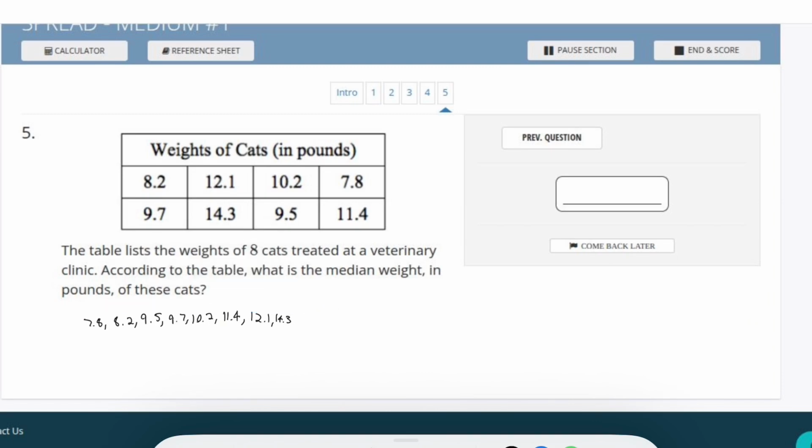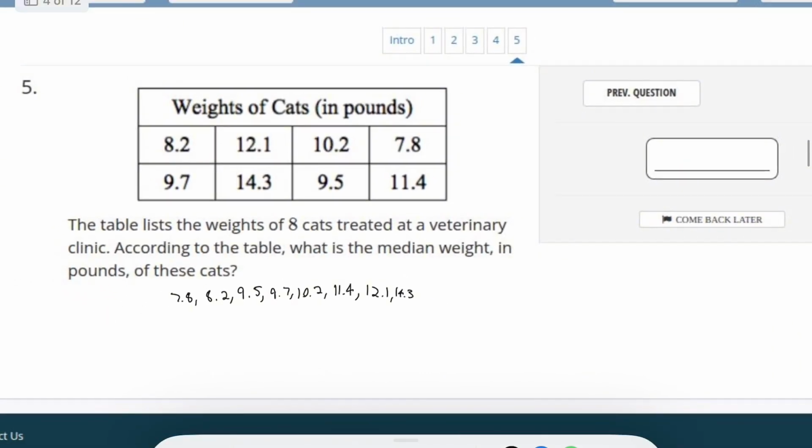So here is all our data. We can see that we have 8 data values collected. So our middle would be the mean of the middle two.